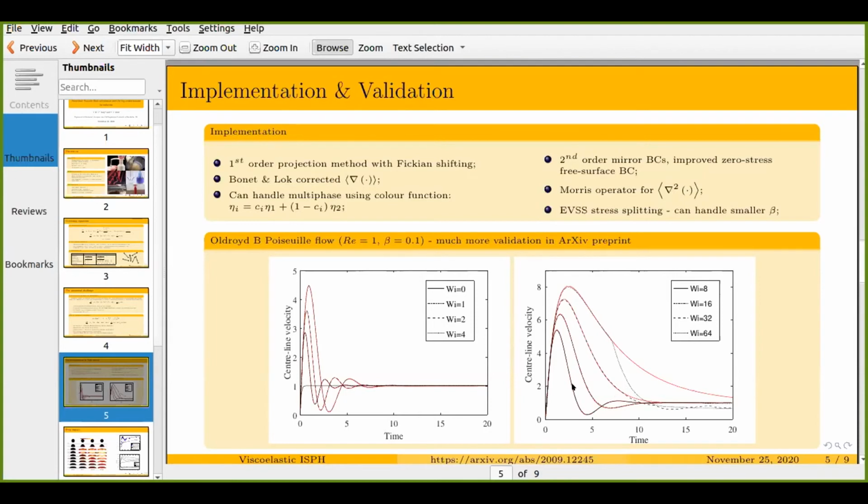Above Weissenberg number of 16, so for 32 and 64, the accuracy deteriorates a bit, but we don't actually get a catastrophic instability. So this really represents quite a step change in the capabilities for SPH simulating viscoelastic flows.